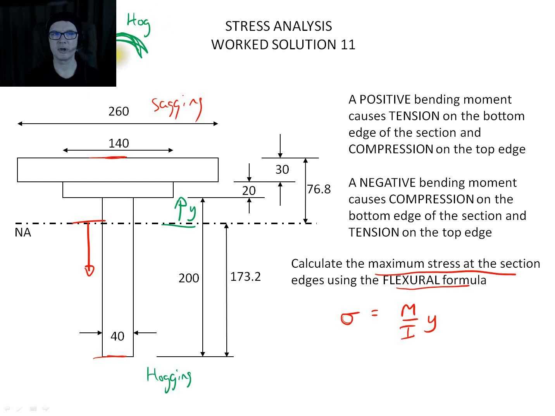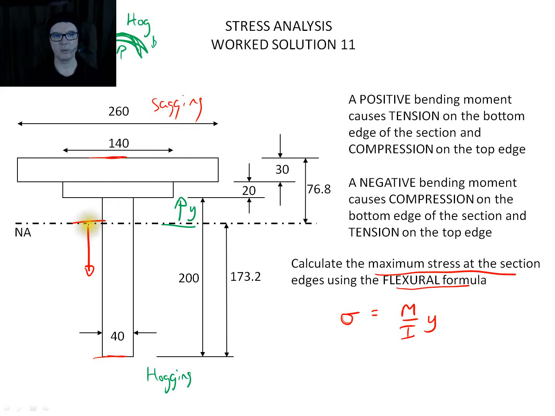If we've got forces coming from below, which might cause this to hog in that sense, whereas the sag, we're imagining we've got a force from above and maybe between two pivots like that. So that's going to cause us a sag effect.